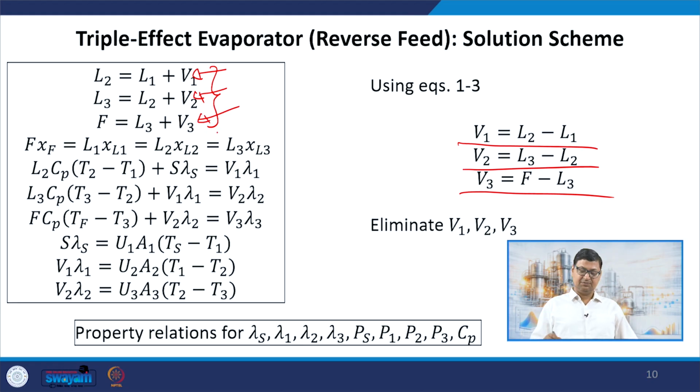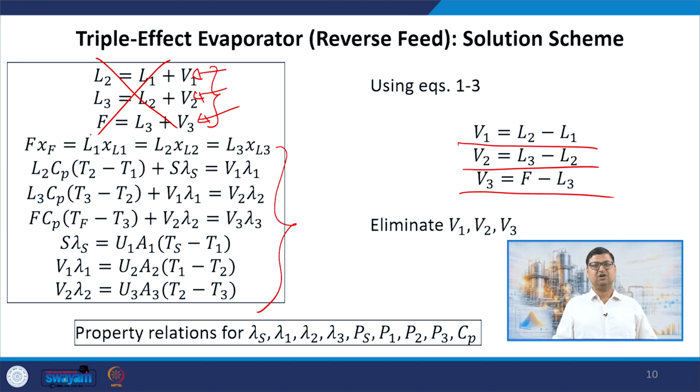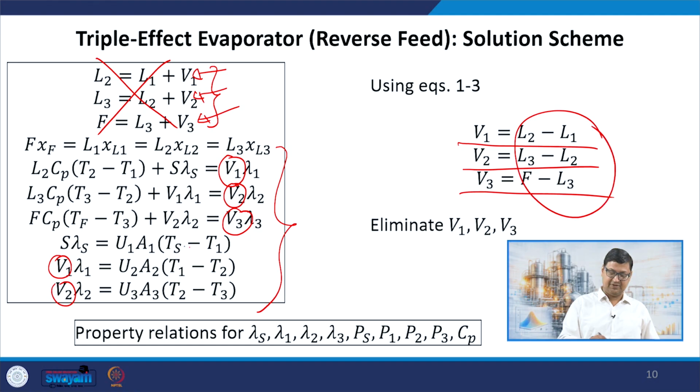So, henceforth, I am going to pretty much drop the first three equations because I used them to eliminate V1, V2, V3, and I will only solve the remaining equations. In all the places where we have V1, V2 and V3, I am going to replace them with the expressions that we have got here.